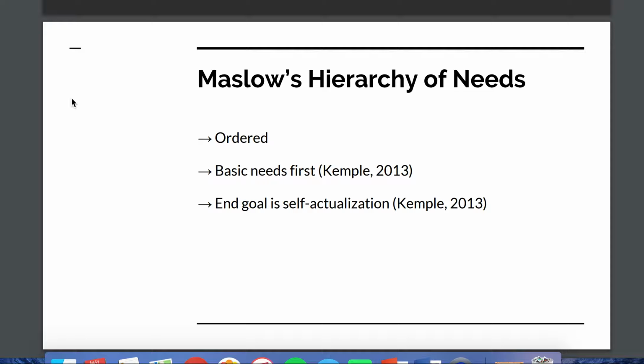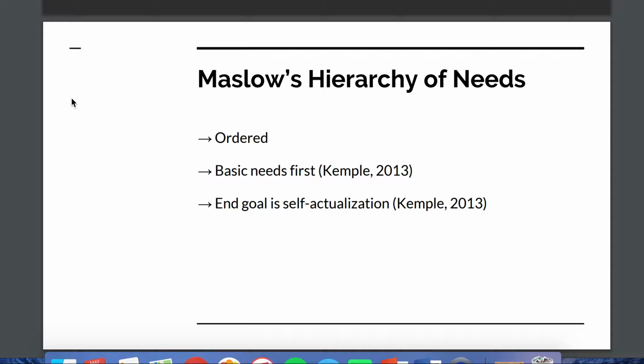He said our basic needs are first, so food, water, shelter, safety. And the end goal is something called self-actualization. And Maslow, interestingly, said that there's very few people that actually reach self-actualization in the world and throughout history.